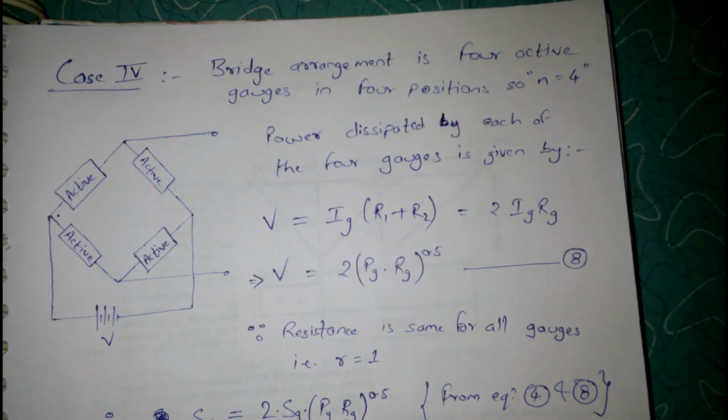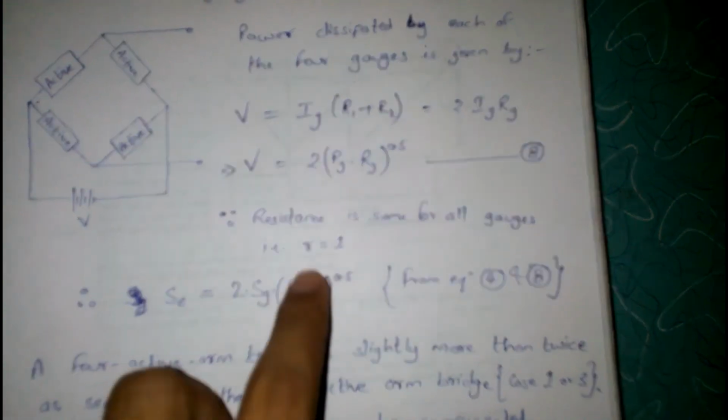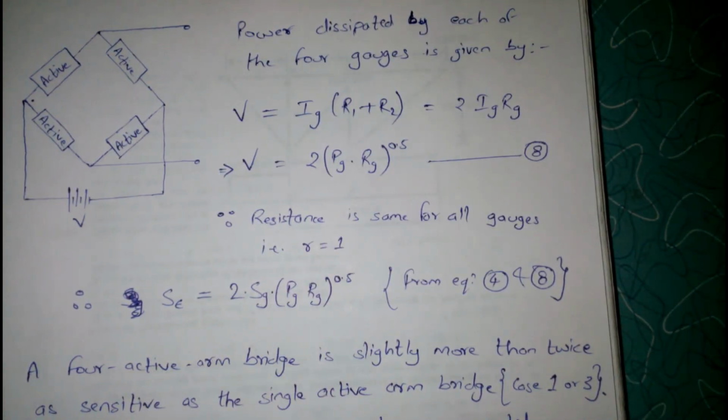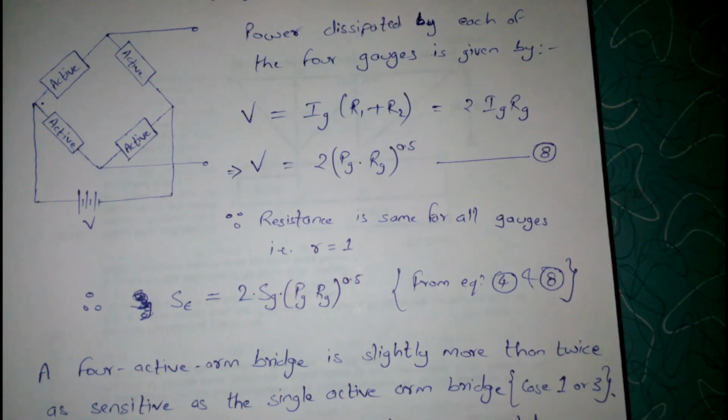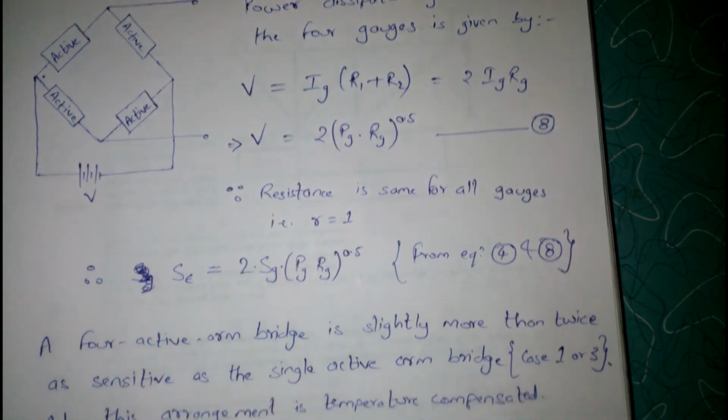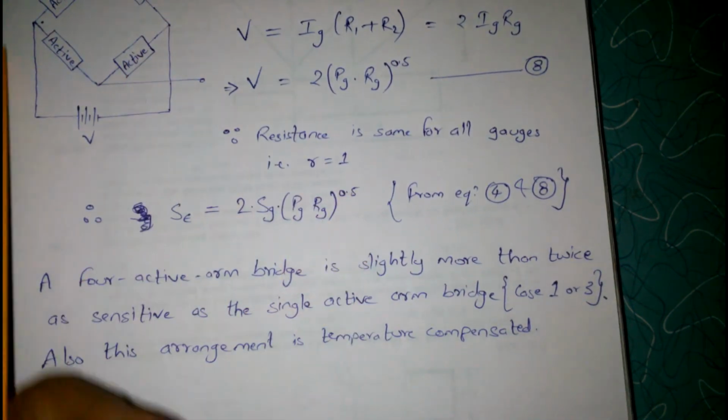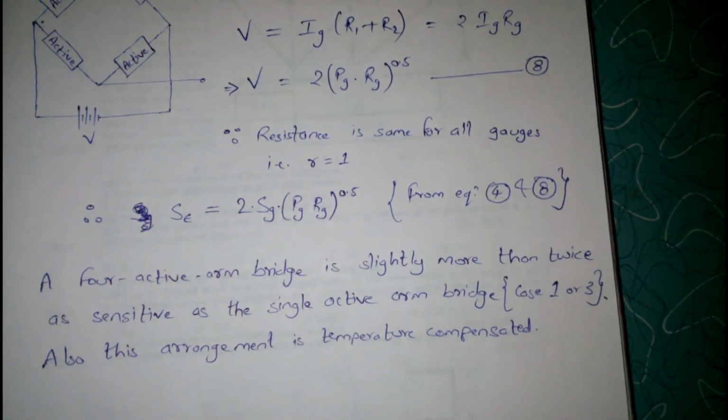Since the resistance is the same for all the gauges, the resistance ratio becomes equal to 1, and therefore the sensitivity is 2 times SG multiplied by the square root of PG into RG. So this 4 active arm bridge is more sensitive as compared to the bridges in the first and third case, and this arrangement is also temperature compensated. Okay, thank you.